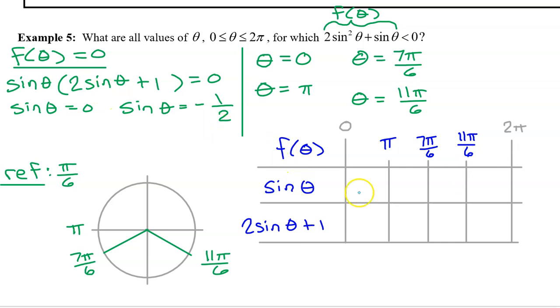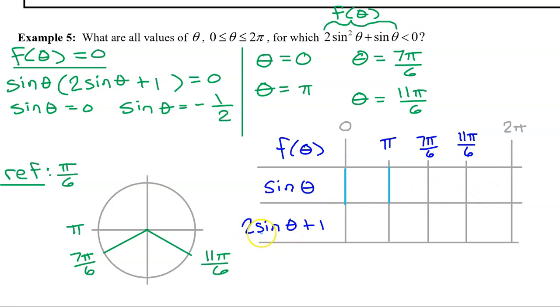On the sine theta row, mark the locations where sine theta is equal to 0. Remember, sine theta was equal to 0 at 0 and pi. So I'm going to put a blue line at 0 and pi. These are important because these are the only places where sine theta might change signs.